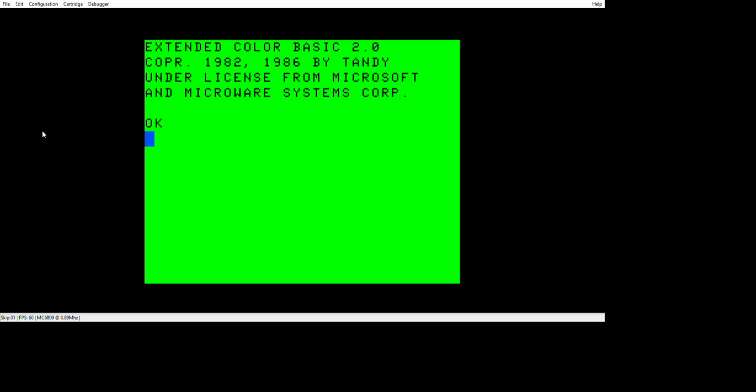I don't know why they put it twice, but Microsoft has conjoined, for a lack of a better word, with Microware, who I'm not familiar with. And we have the original copyright date of 1982, which is used on the Color Computer 1 and 2.